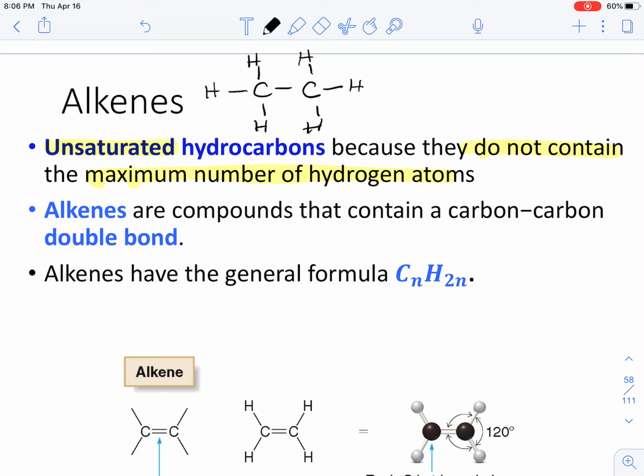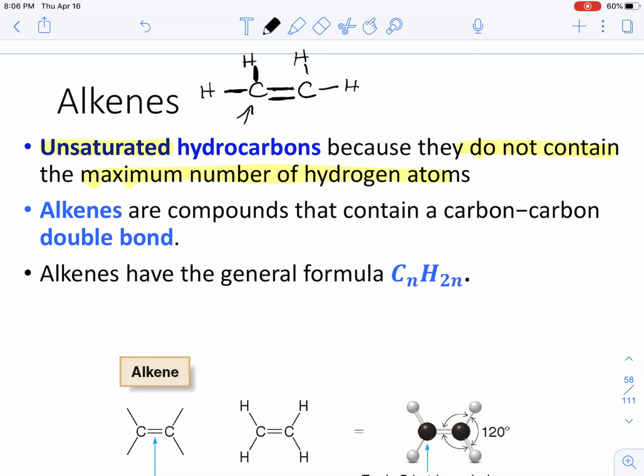And so when you're talking about an alkene, an unsaturated hydrocarbon, you're removing these hydrogens. So these hydrogens are going away to form that double bond. And if you look, I still have 1, 2, 3, 4 covalent bonds on this carbon on the left, and I have 1, 2, 3, 4 covalent bonds for this carbon on the right.